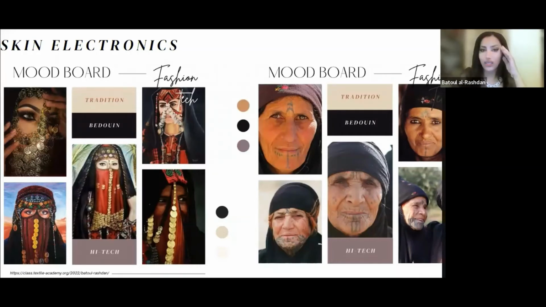You're all familiar with the mask with coins, the traditional one, and also with the tattoo that our grandmas used to have, the dagga, and each shape has a meaning. As you know, it's part of the heritage and culture. So I was inspired from them, and now you can see how I integrated technology into them.